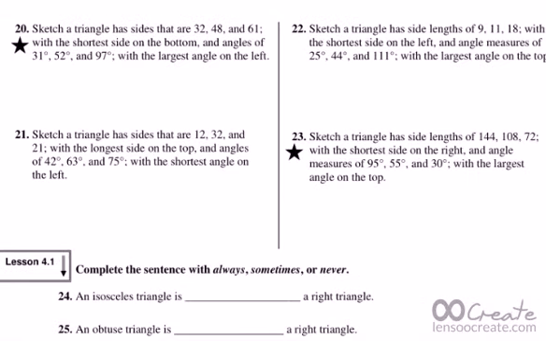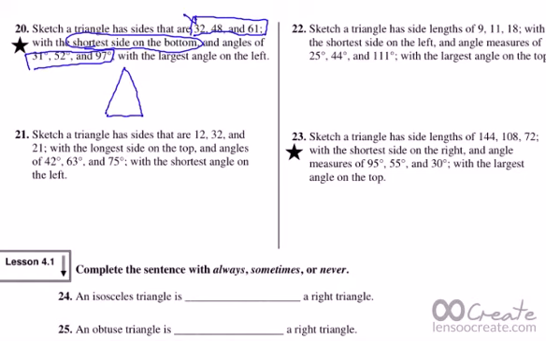For these next two questions, we're going to sketch a triangle that has these side numbers and these angle numbers. We know two things. The shortest side must be on the bottom. So when we draw it, we're going to put the shortest side on the bottom. Of those, that would be 32.